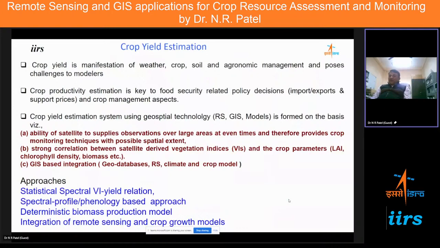But the quality of remote sensing data and its unique characteristics, like large area coverage, multispectral observation, and dynamic, frequent repetitivity, make it possible to acquire observations at the right times. We can relate them with the ground crop performance.